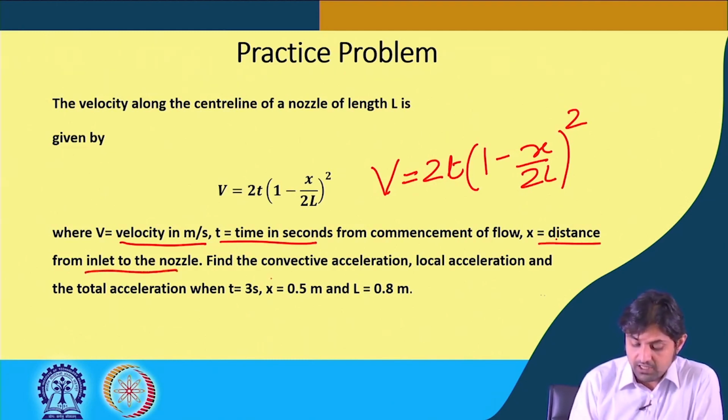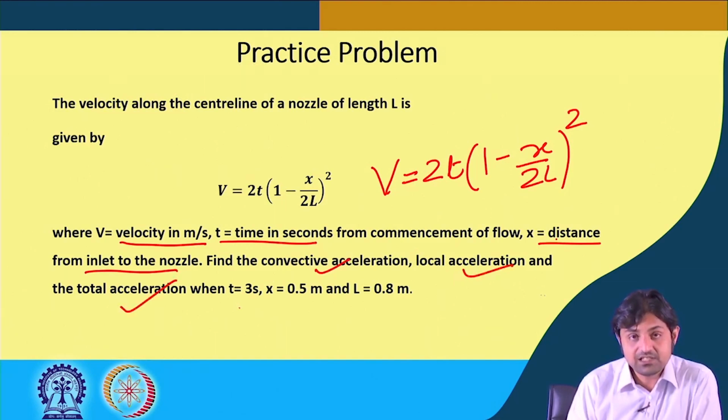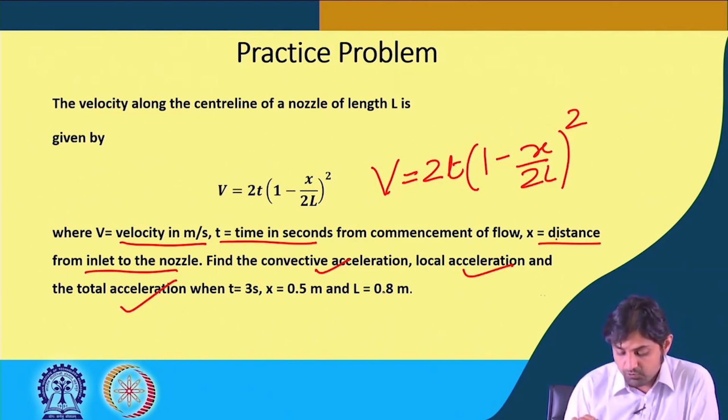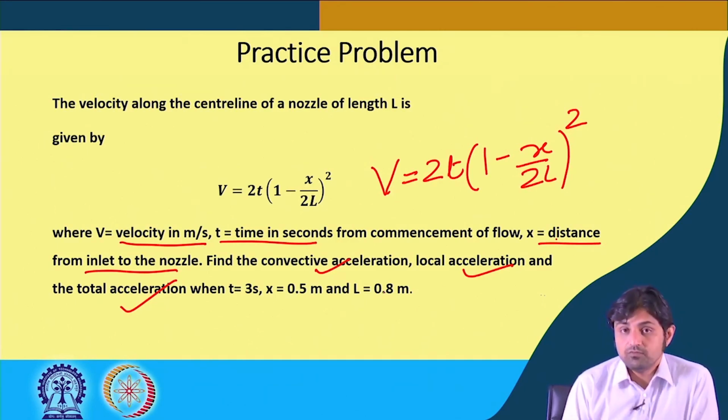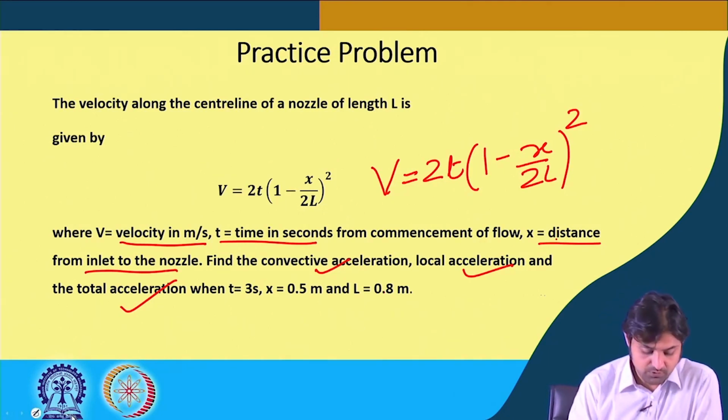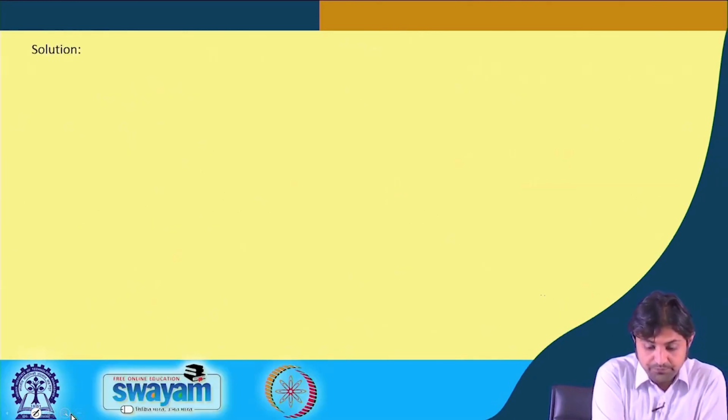We have to find the convective acceleration, local acceleration and total acceleration when t is equal to 3 seconds, x is equal to 0.5 and L is equal to 0.8. We have seen the equations previously and that we are going to utilize now.